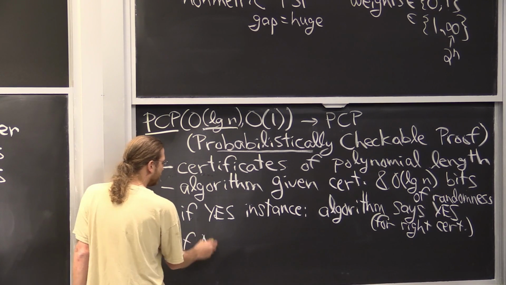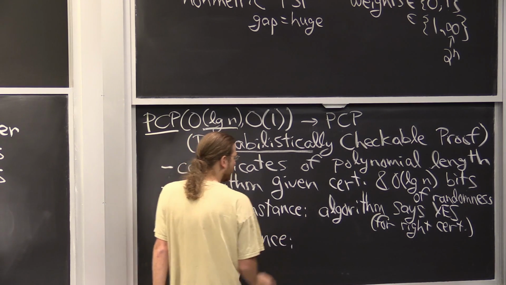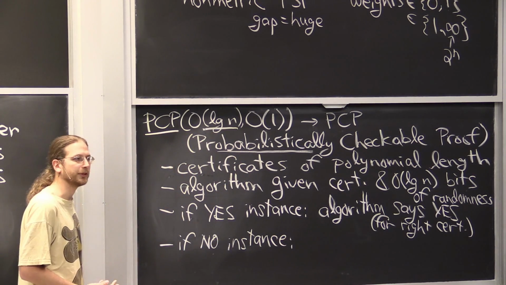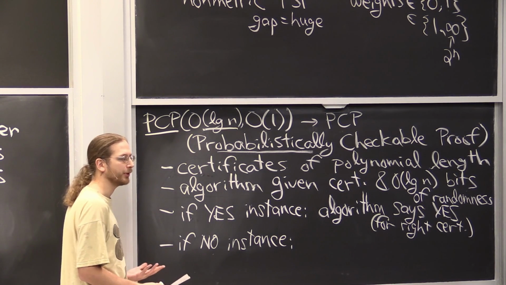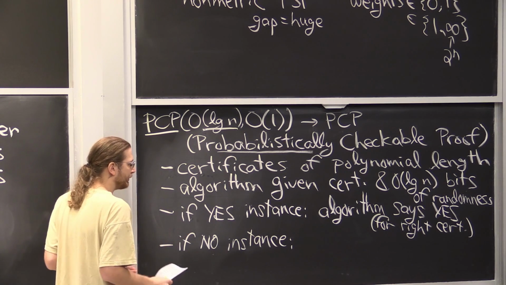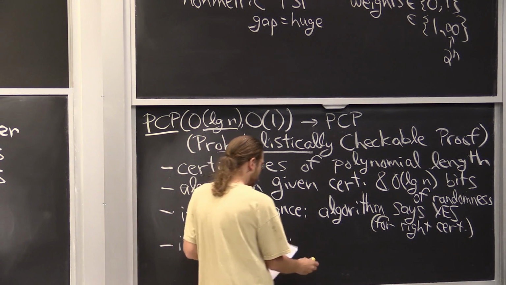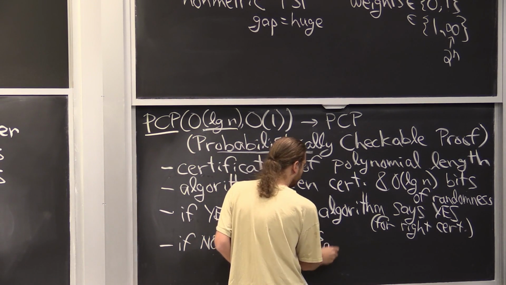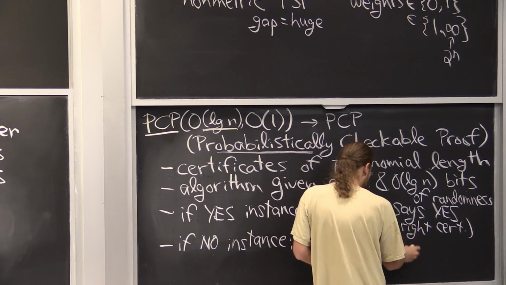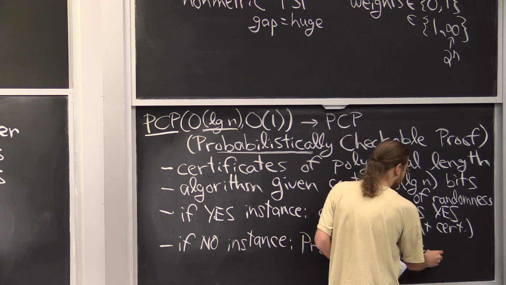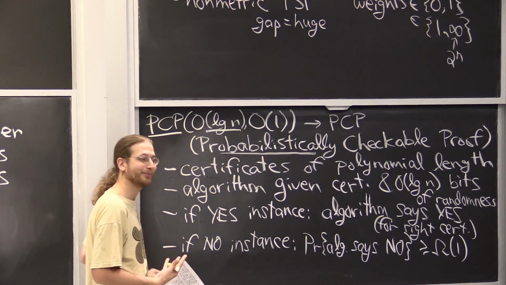Where we add some slack is if there's a no instance. Now normally in NP, for a no instance, there is no correct certificate. Now the algorithm will sometimes say yes, even if we give it the wrong certificate. There is no right certificate, but it will say so with at most some constant probability. So let's say the probability that the algorithm says no is at least some constant, presumably less than 1.